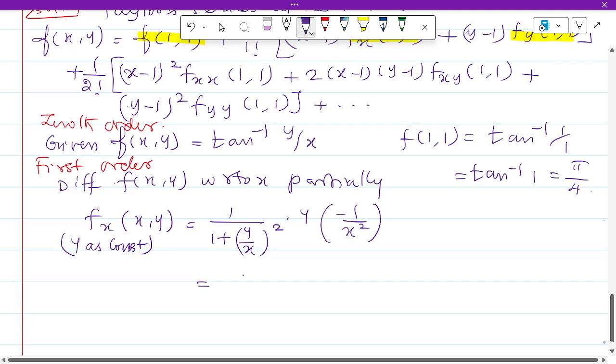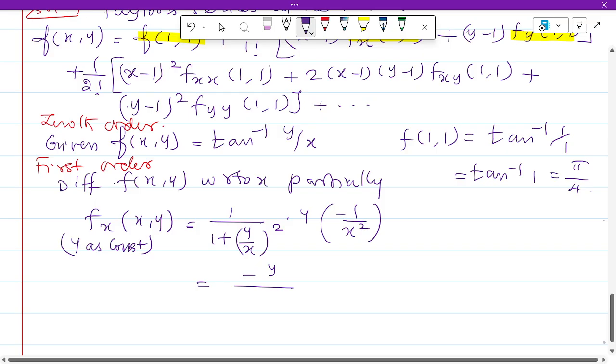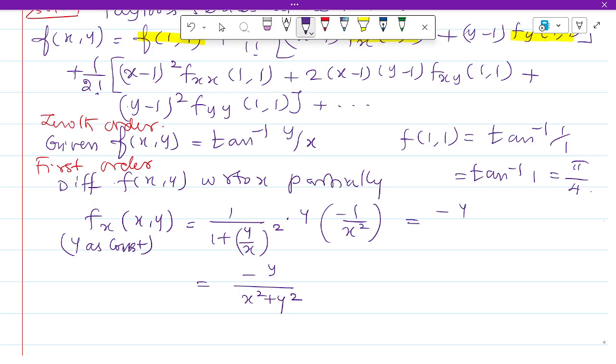minus y divided by x square plus y square. Since here you will get minus y by x square, and 1 by x square plus y square, one more division by x square is there, so take it to the numerator, you will get x square here.